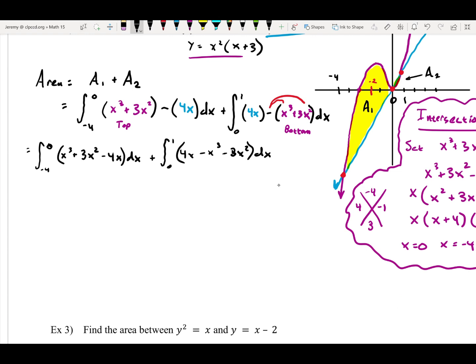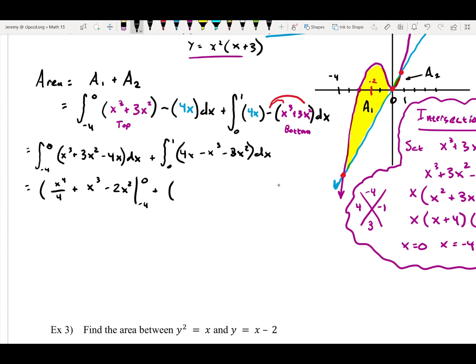All right, now we'll find some antiderivatives. From this one, I'll get x to the 4th over 4 plus 3x cubed over 3, so it's just going to be x cubed, minus 4x squared over 2, or just minus 2x squared. We're evaluating that one from -4 to 0.